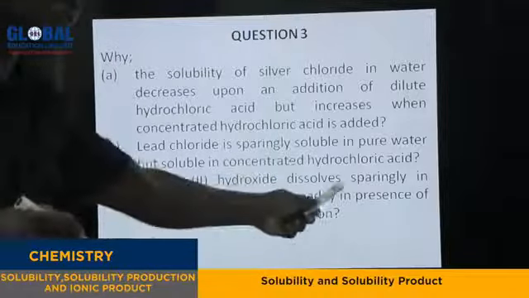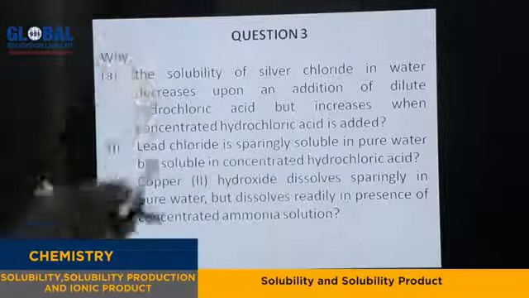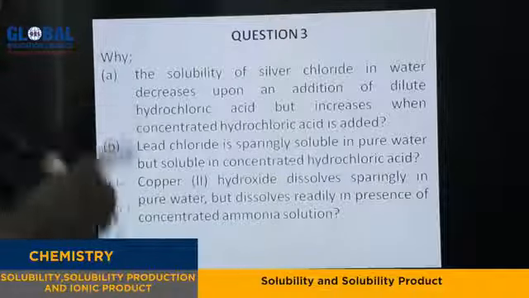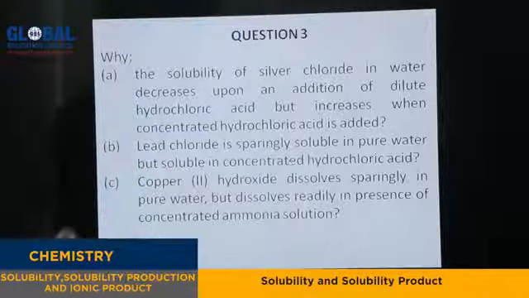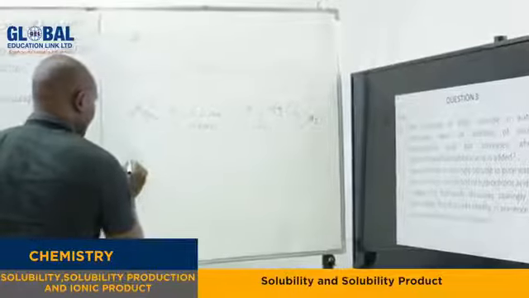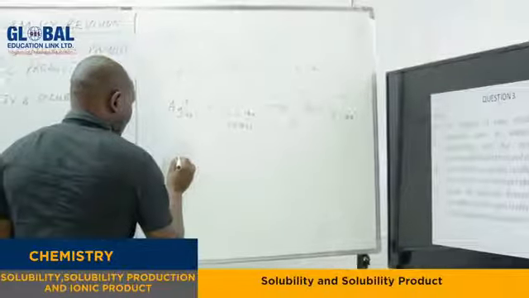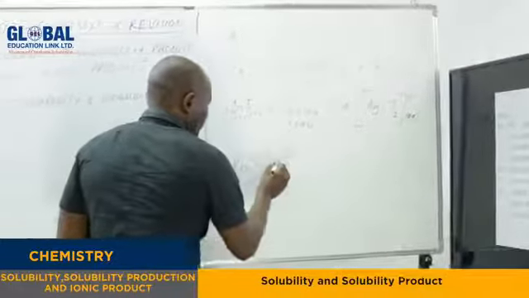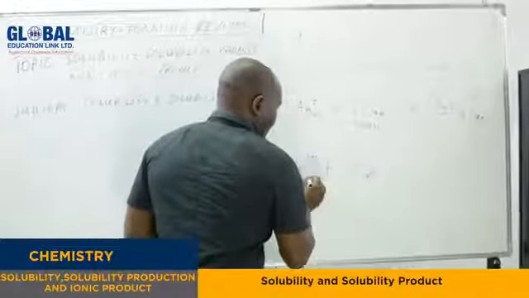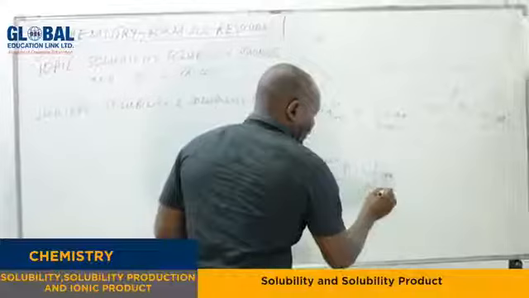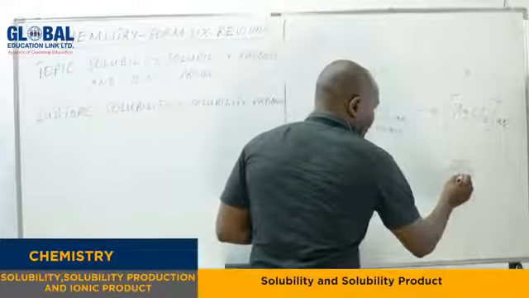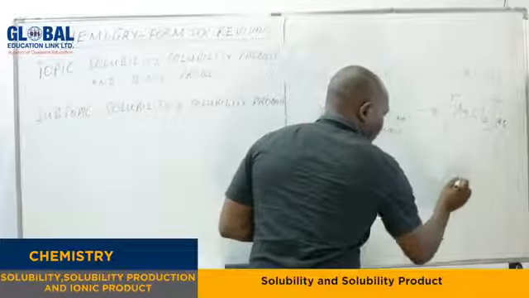In concentrated hydrochloric acid, there are more chloride ions that will react with lead ions, leading to the formation of a complex compound of lead. Chloride ions are now in excess.